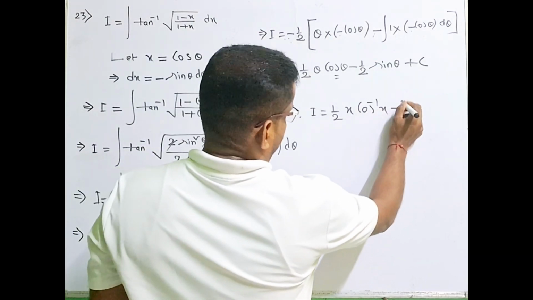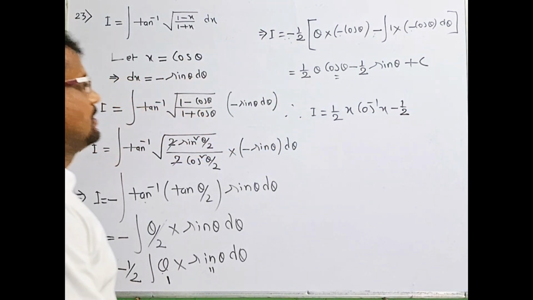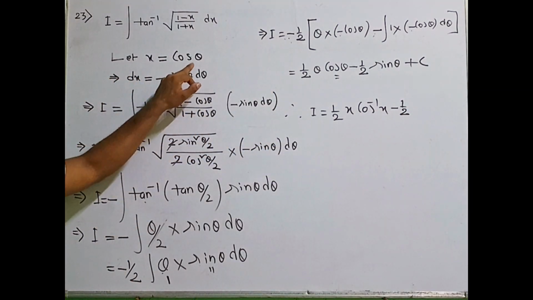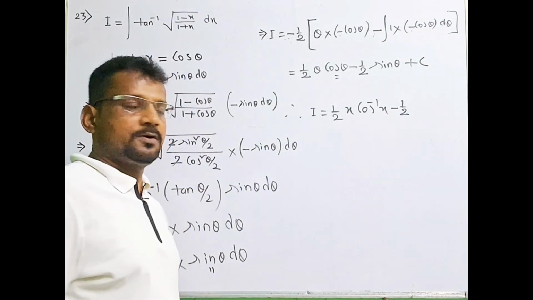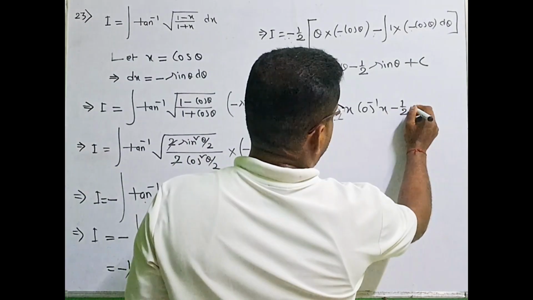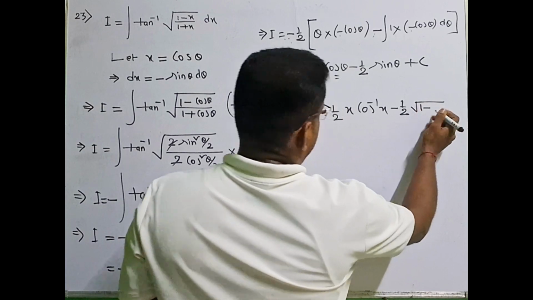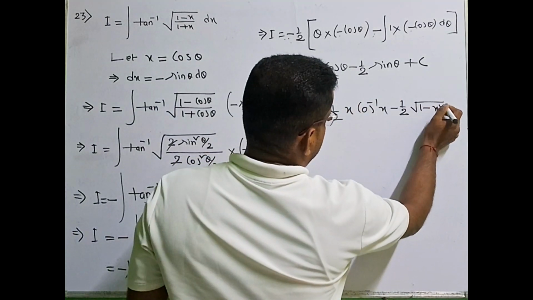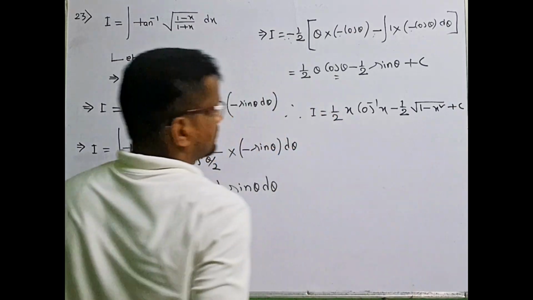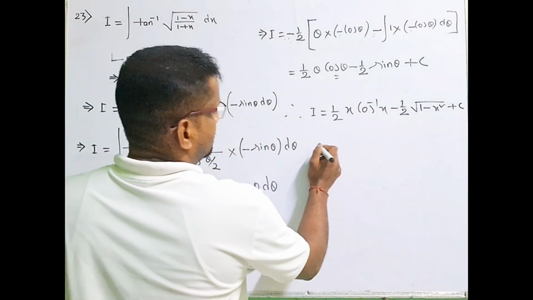Minus half of sin theta. Cos theta is x, so sin theta is root over 1 minus x square, so under root over 1 minus cos square theta, that is x square, plus c.